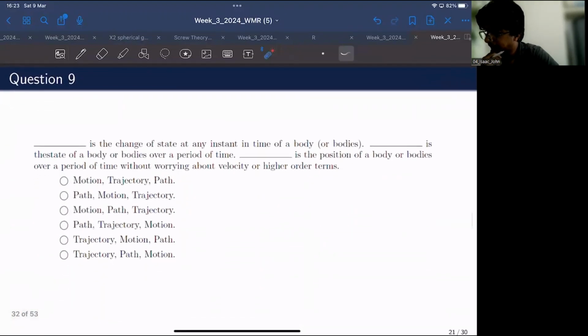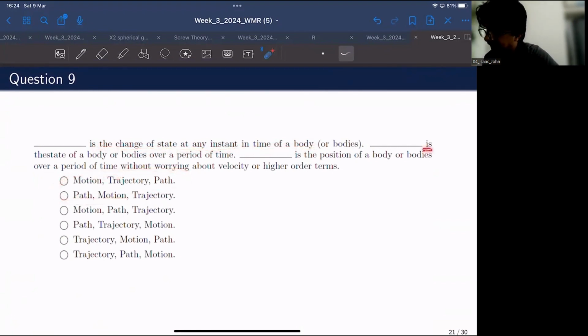And question 9 basically says something dash is the change of state at any instant in time of a body or bodies. It only says the change of state. It can be position, it can be torque or anything. That is one of these three options.